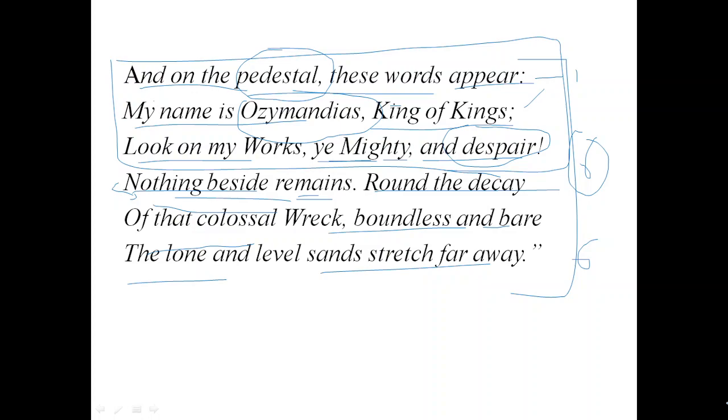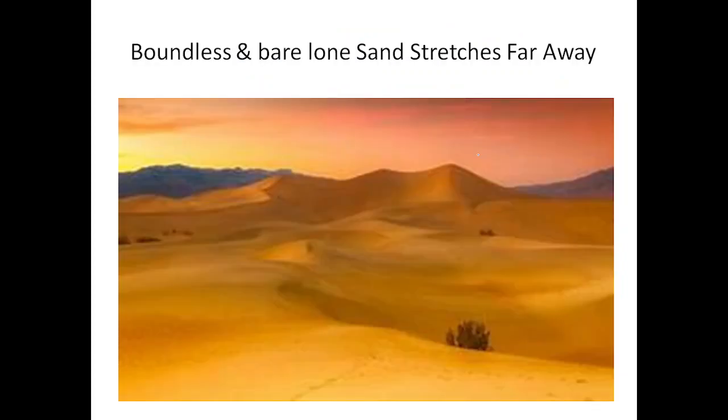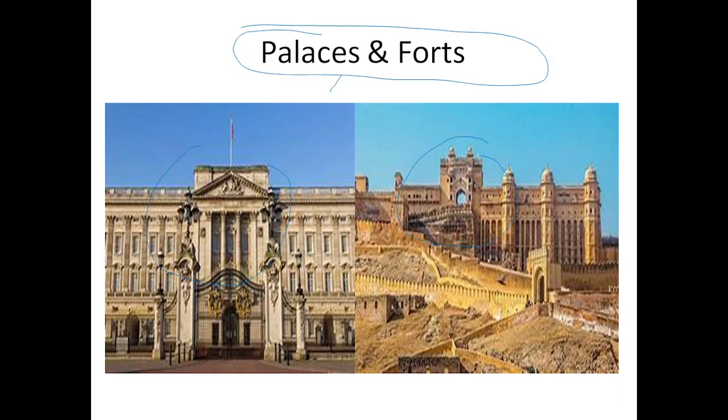There may be large forts or fortresses around his kingdom, but the truth of the matter is, at present, boundless and bare, lone sand stretches far away. Nothing can be seen around. There is no sign of his achievements. There is no sign of his power. There is no sign of his glory.